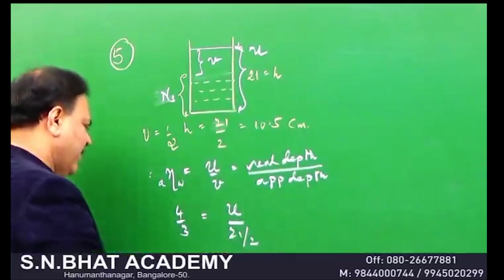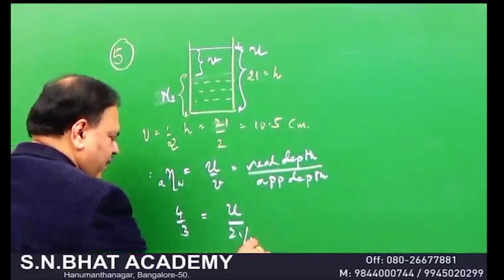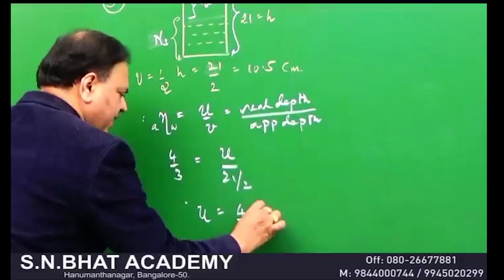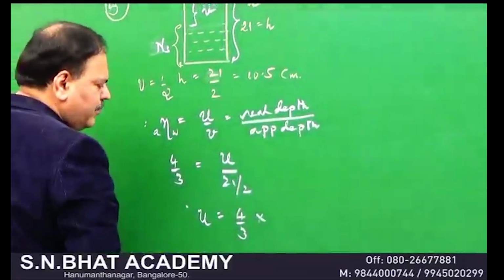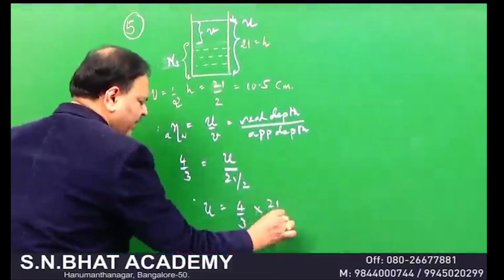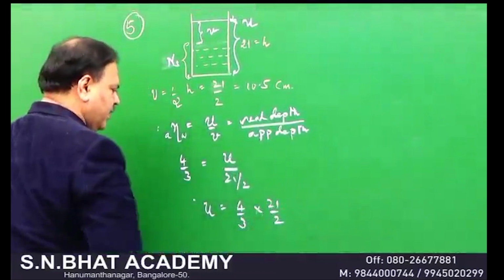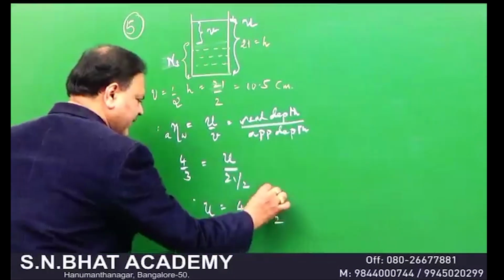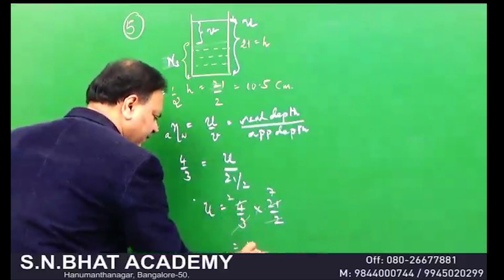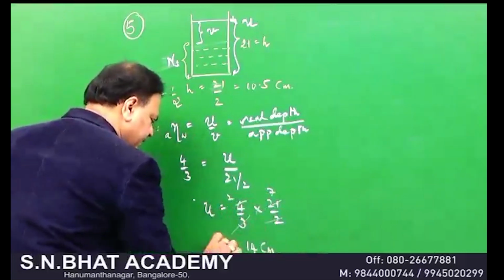You can do it in any way you want. Therefore, what is your answer? U is equal to 4 by 3 times V, so if you cross multiply that, you are getting 21 by 2. So 3 sevens are 21, 2 twos are 4, and therefore it is 14 centimeter.